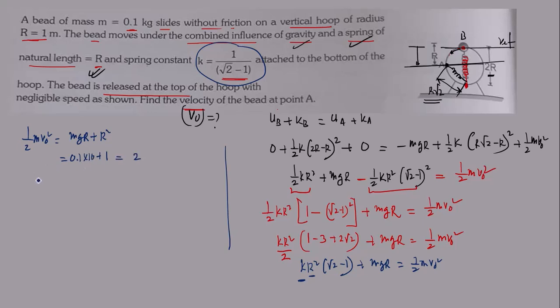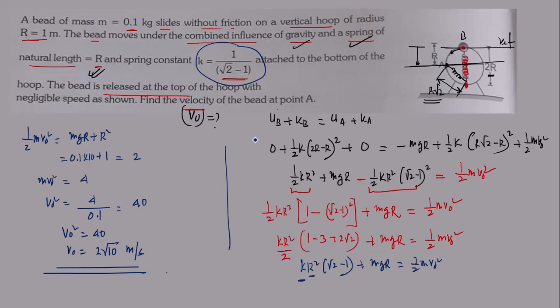So m V naught square equals 4, and m is 0.1. So V naught square equals 4 by 0.1, which is 40. So V naught becomes 2 root 10 meter per second. That is the speed once the bead reaches point A.